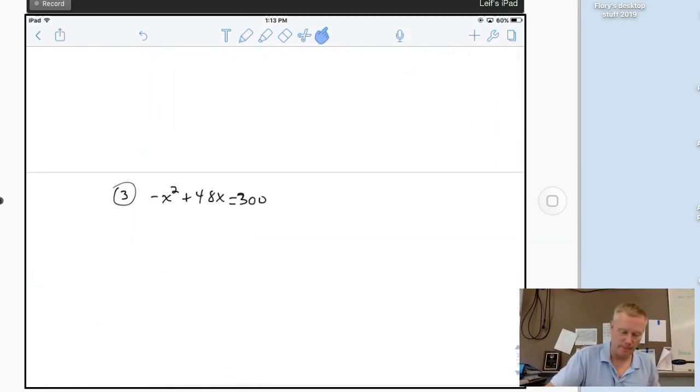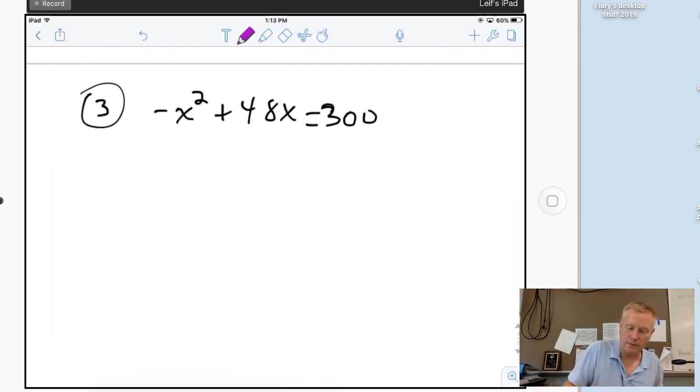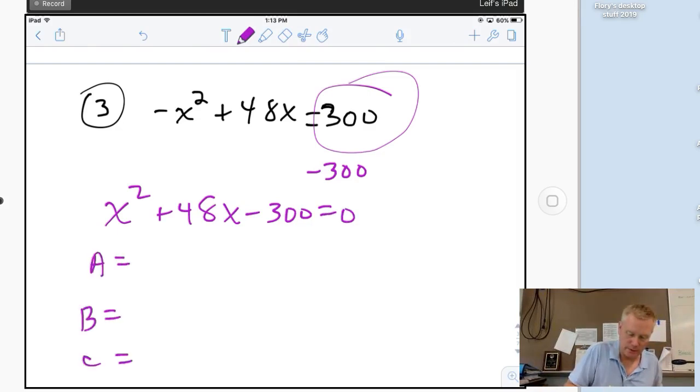Next one. Number 3. Once again, get that 300 on the other side of the equal sign. That's the first thing you do. So I got x squared plus 48x minus 300 equals 0. And now I go A, B, C. A is 1, B is 48, C is -300.